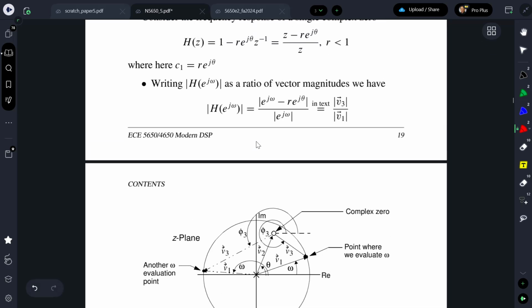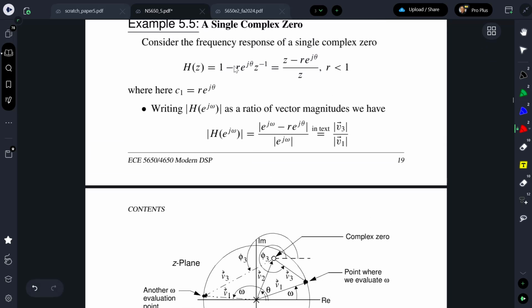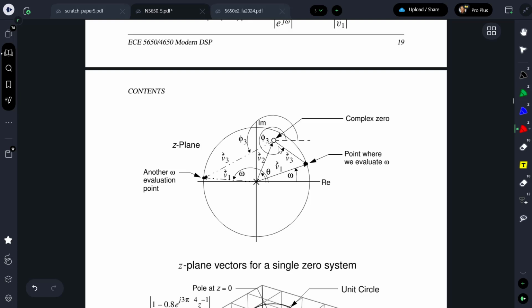But you can see that if we started off with this as our system, and then we put it in positive powers of z, we have the vector in the numerator here, and then this vector in the denominator is just going from z equal to 0, because that's where the zero or pole is located, to the unit circle, and its radius is always 1. A simple case. So as we move around, we're having that ratio formed.